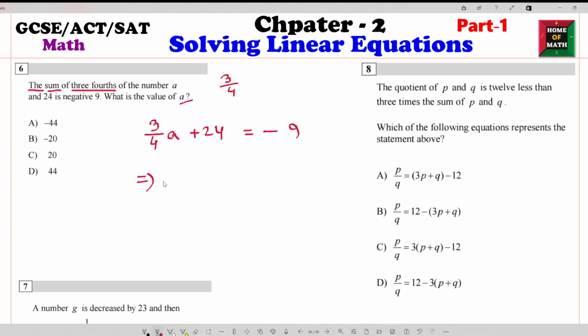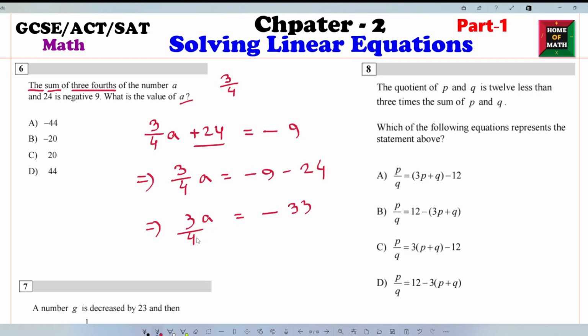So this one we can write 3/4a equals -9 plus 24. No, minus 24. Here is plus 24, it should be minus 24. So 3a equals minus 33.